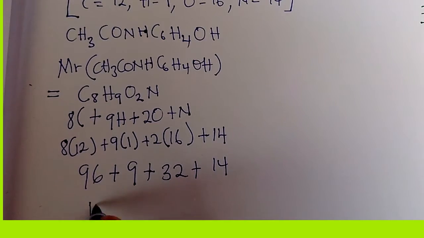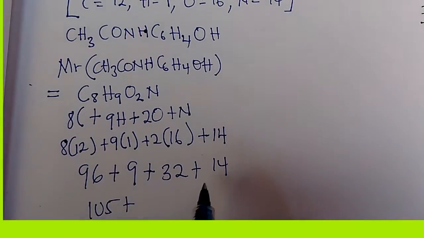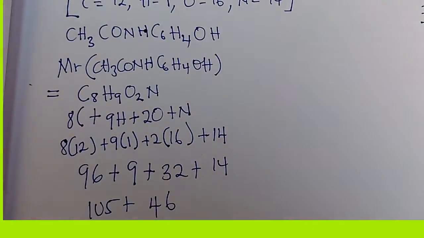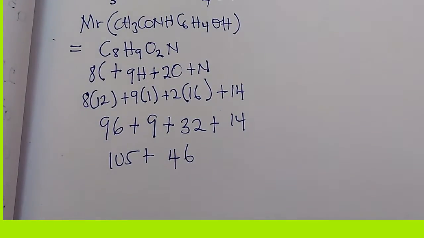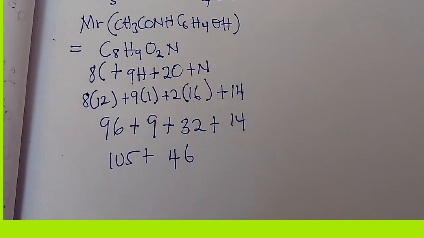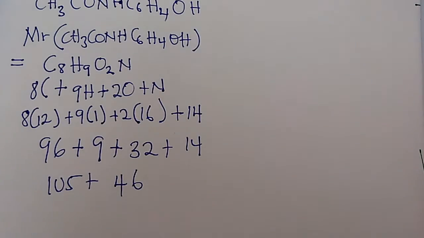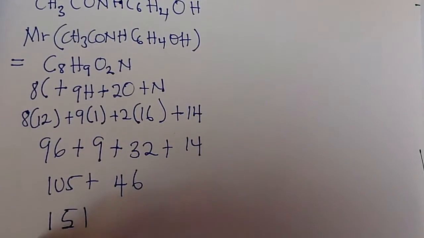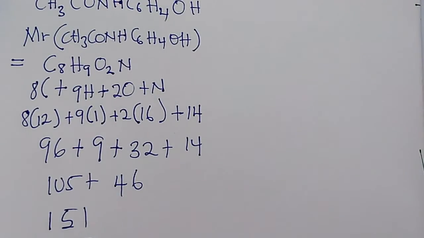Then 14 plus 32 gives me 46. Now 105 plus 46 gives us 151. And finally, that's what we get for the relative molecular mass of the painkiller paracetamol.